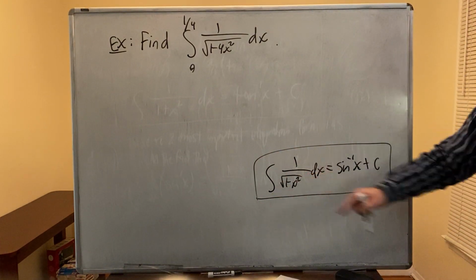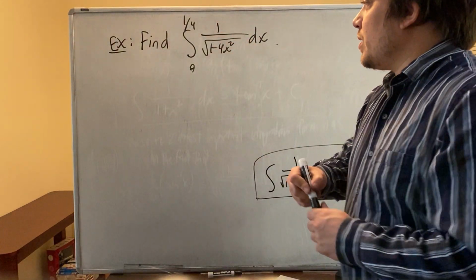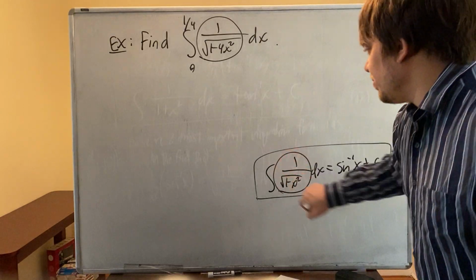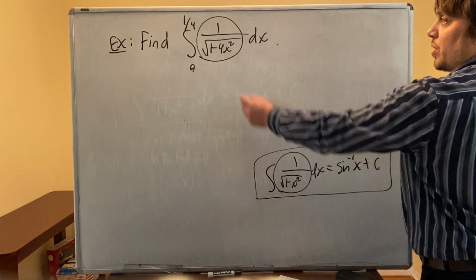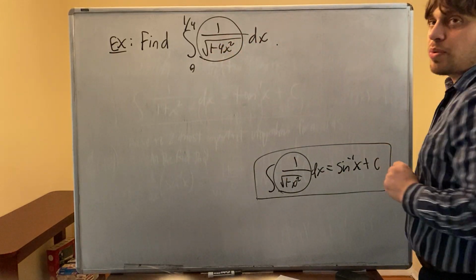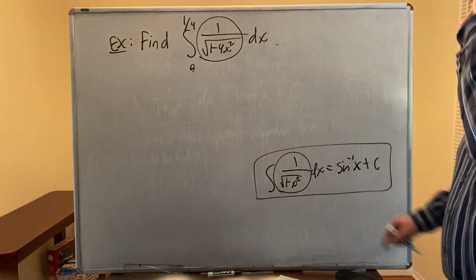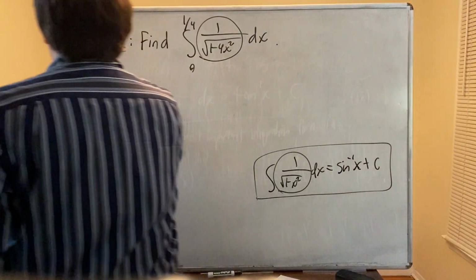So we need to get this integrand to look more like this. We have 1 over the square root of 1 minus x squared here. We have the square root of 1 minus 4x squared there. This is 1 minus something squared. So we want 1 minus something squared here. And so we can do that easily.